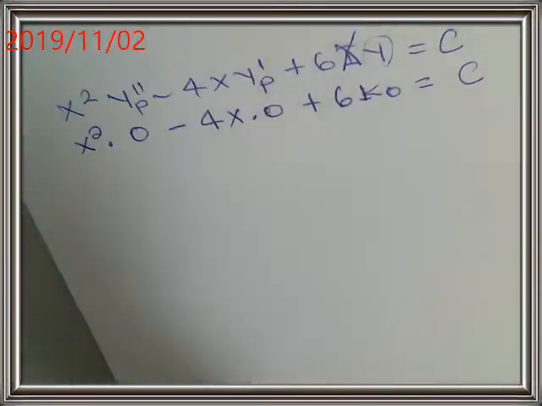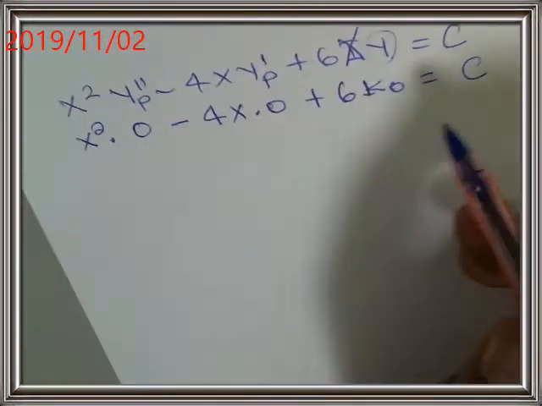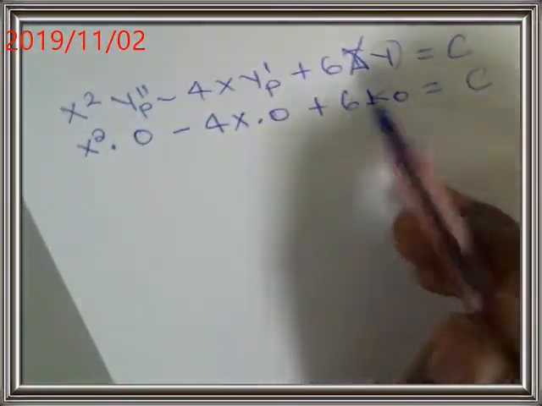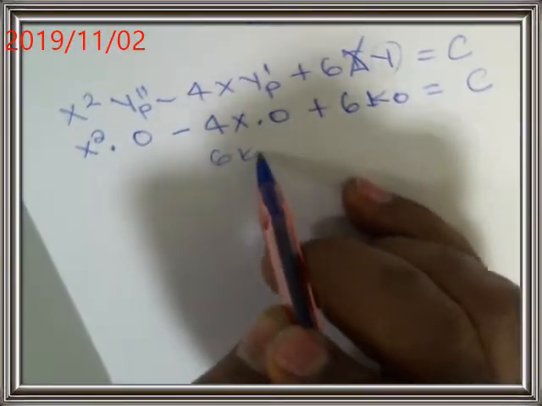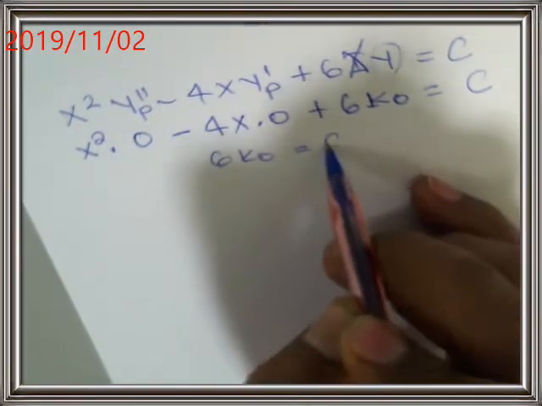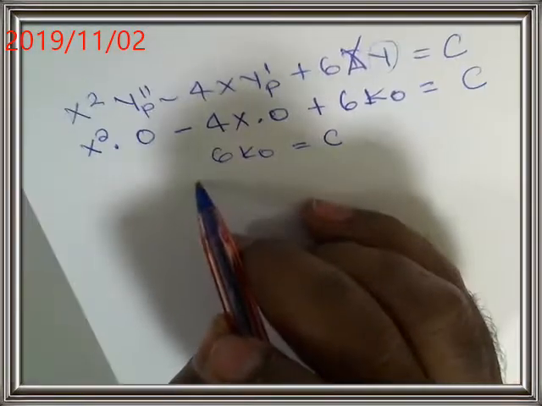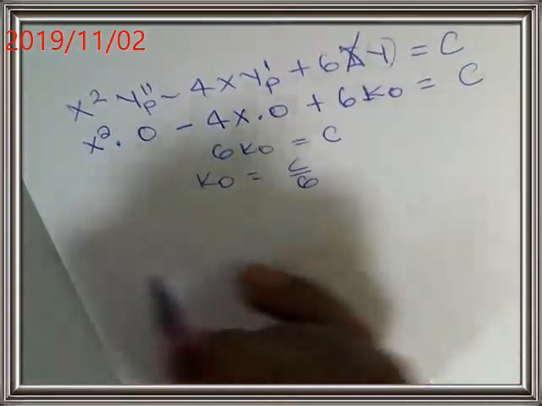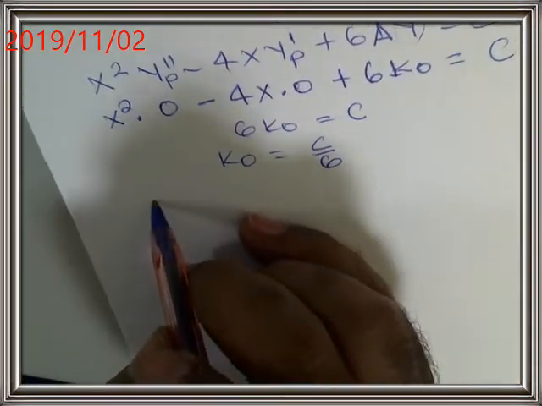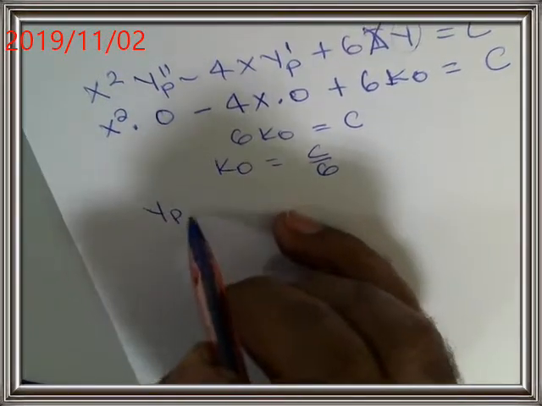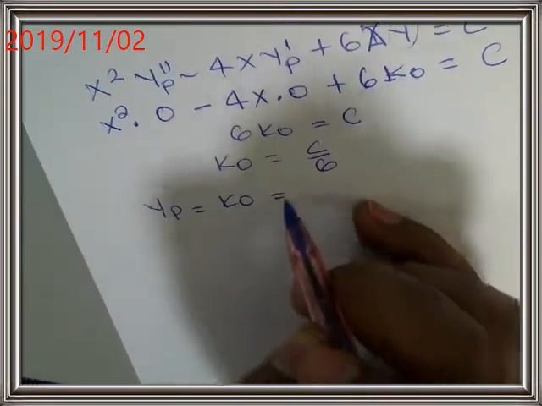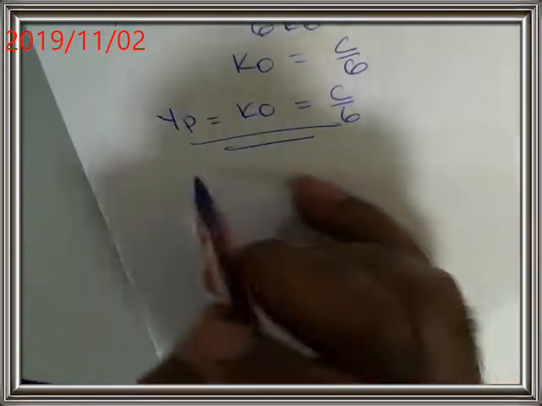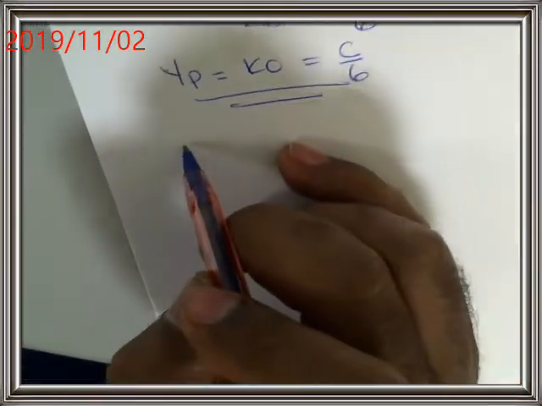Equal to C, the one we selected at the start. So now we are left with 6k naught equal to C. So how much is k naught? C over 6. So we know that originally we selected y particular equal to k naught, which is C over 6.